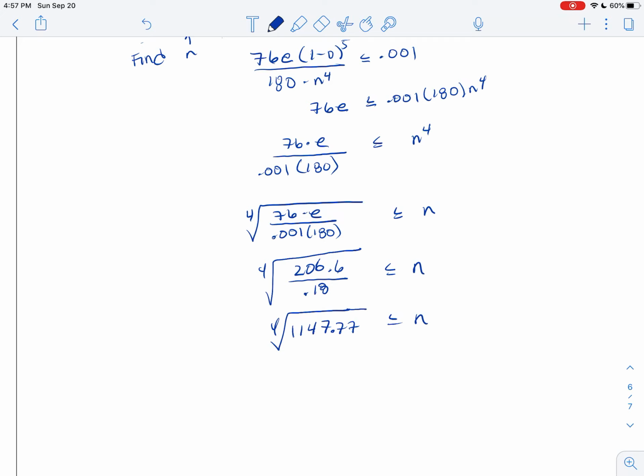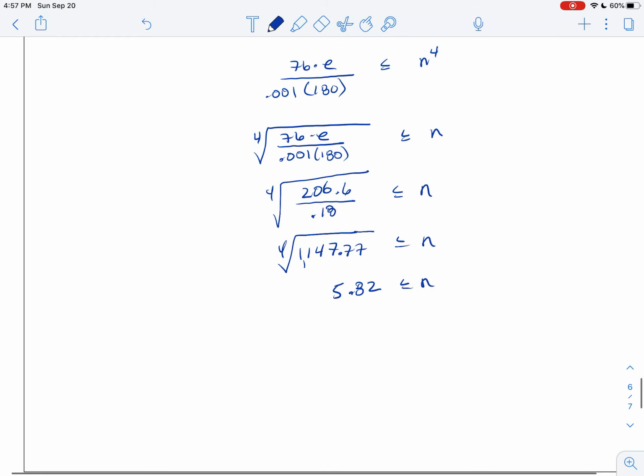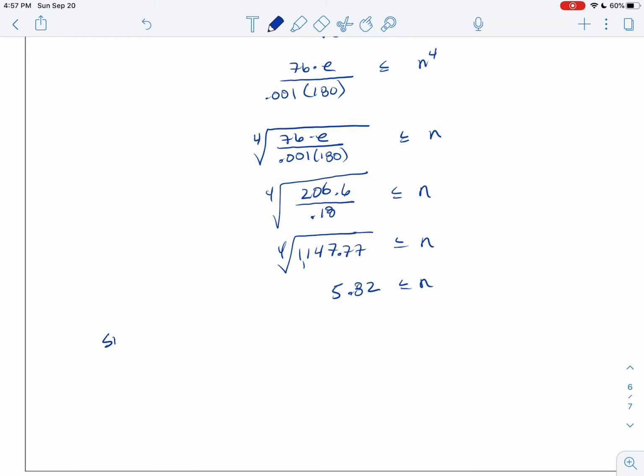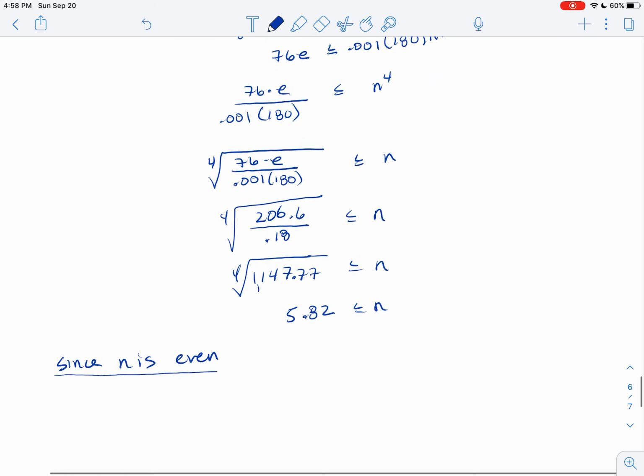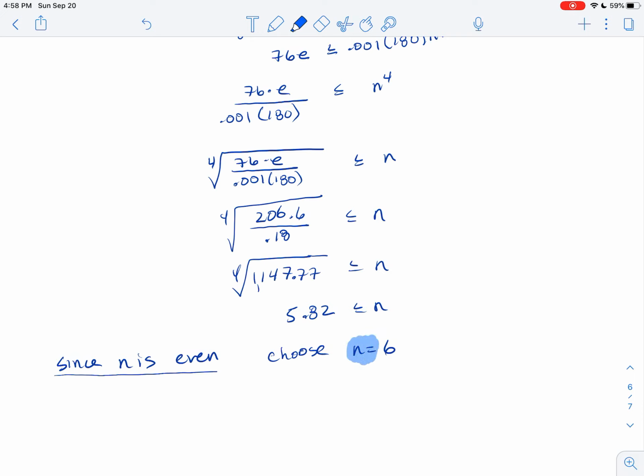And then if we take our fourth root, we end up with 5.82 bigger than or equal to n. And since n is even, we will want to choose n to be 6. Okay.